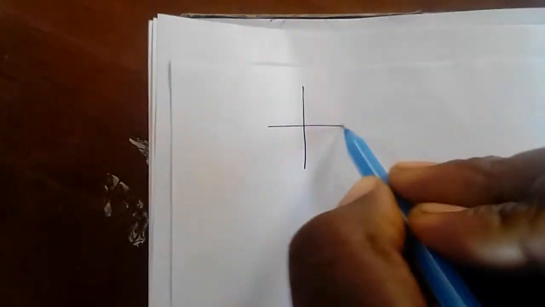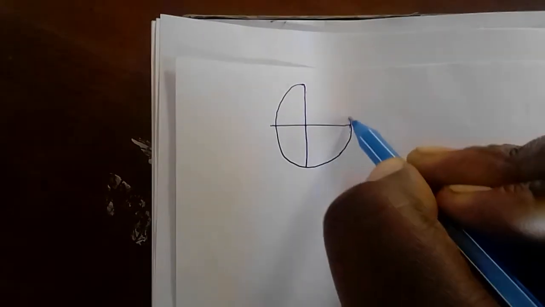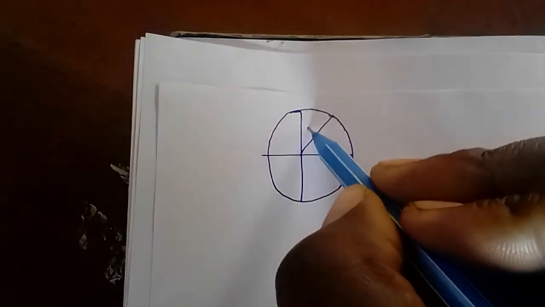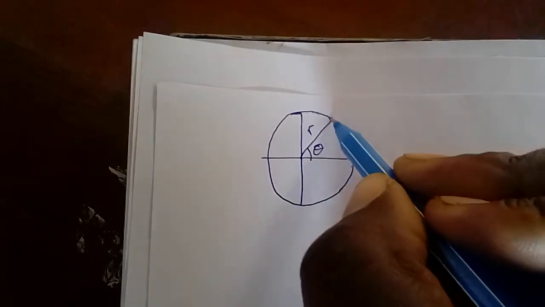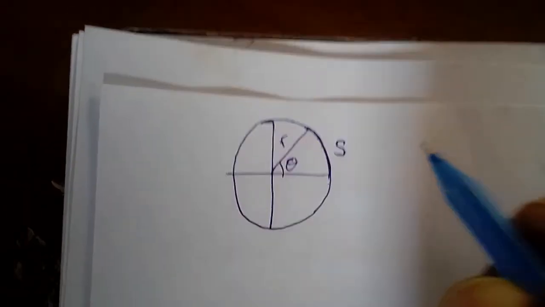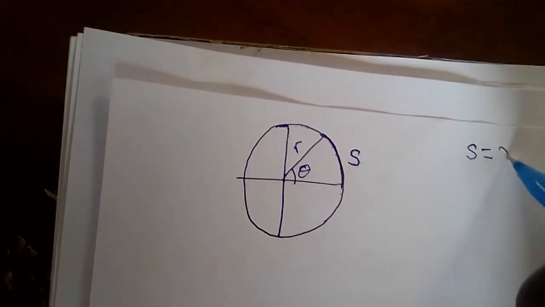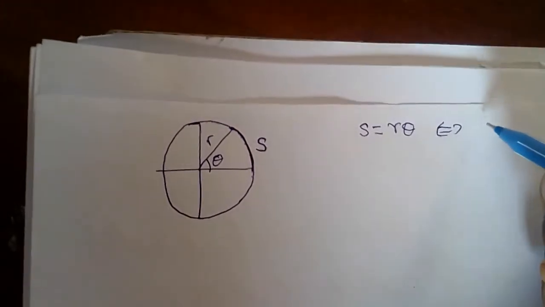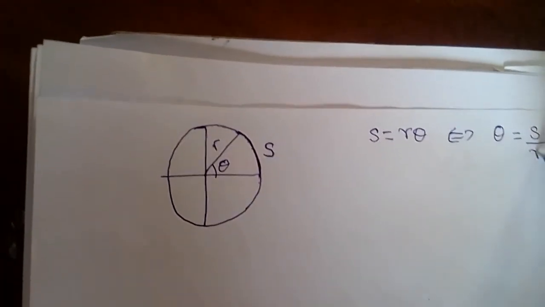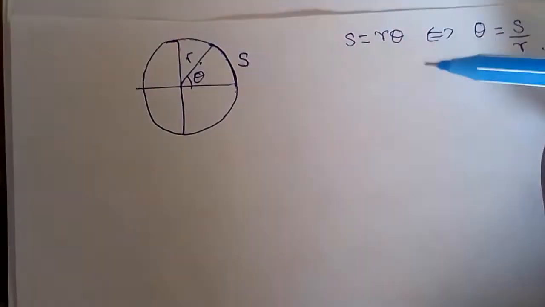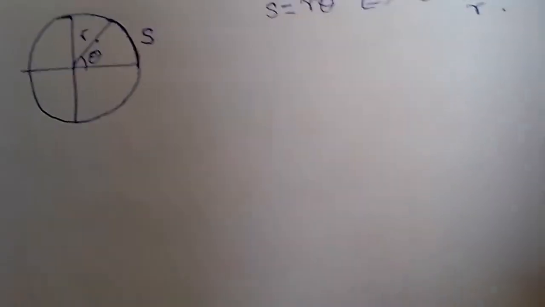If we draw an X-Y plane here, and we have a circle, my drawing is not accurate, but we will have R here, and we have theta, and this distance here, which is subtended by that angle, as S. So we said S is equal to R theta, the angle multiplied by R. And we can also say that theta is equal to S divided by R. So for a circle of radius R, 1 radian is the angle subtended by an arc length equal to R.